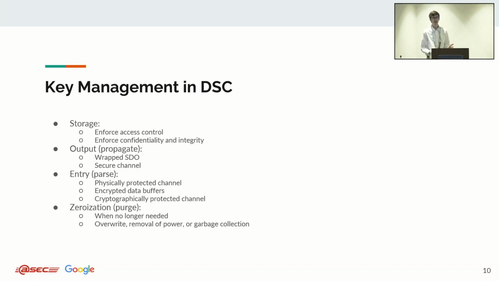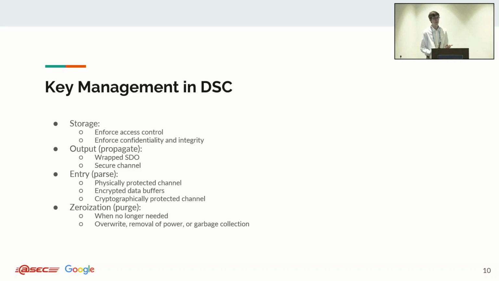For output and entry of SDEs and SDOs, the requirements are basically identical to FIPS. If you are importing or outputting key material, it needs to be wrapped using a different key, or it needs to use a trusted path, being either a physically trusted path or some kind of cryptographically protected channel.